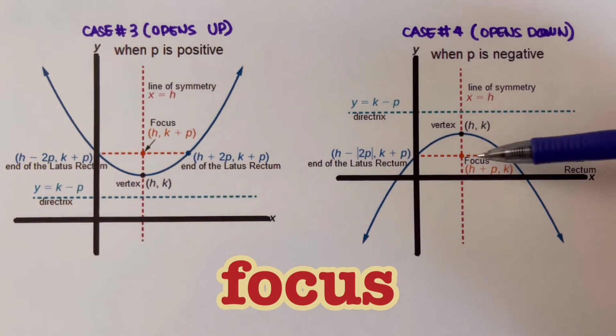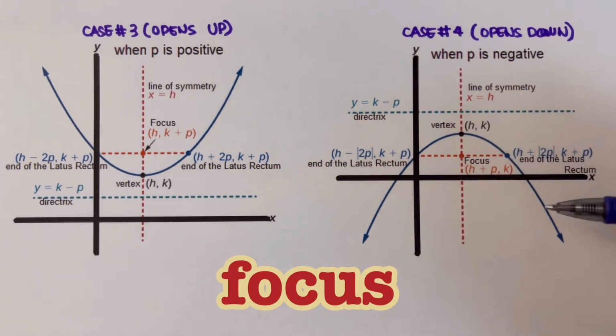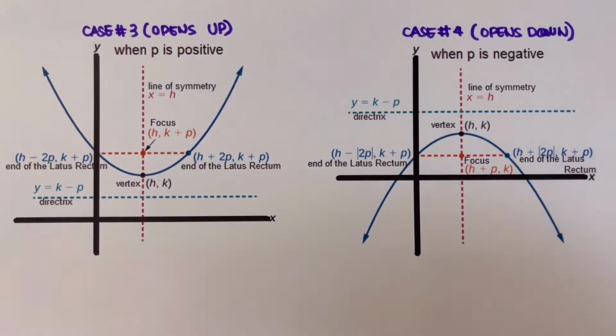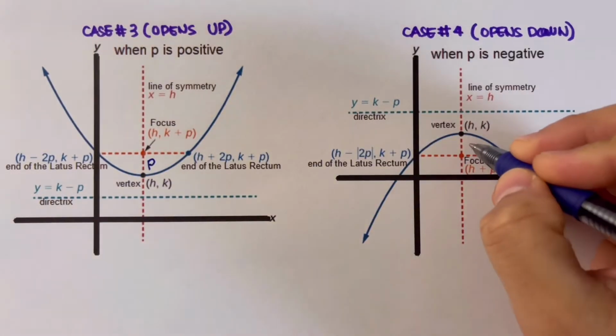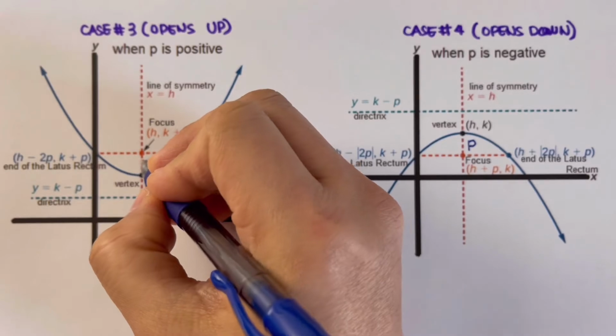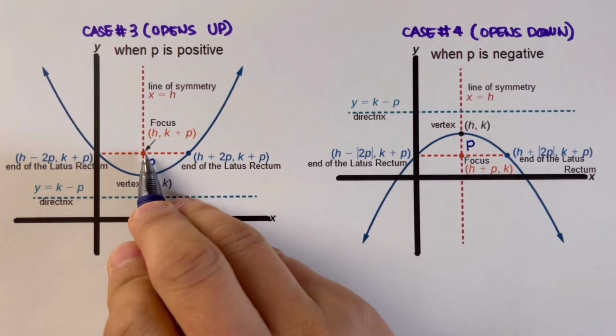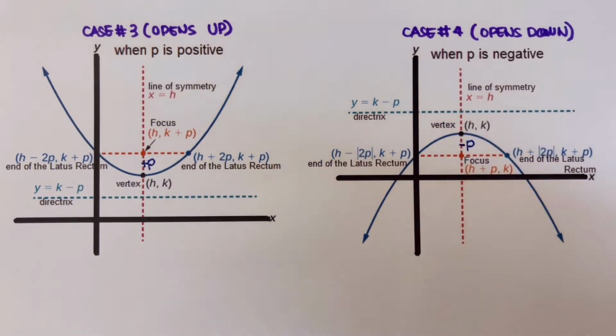In this case right here, since our focus is below the vertex, that means that the parabola will open down. Again, we remember that the distance from the vertex to the focus is represented as p. And so from here, we can say that the p-value here is positive because it's above the vertex, while the p here is negative because it's below the vertex.